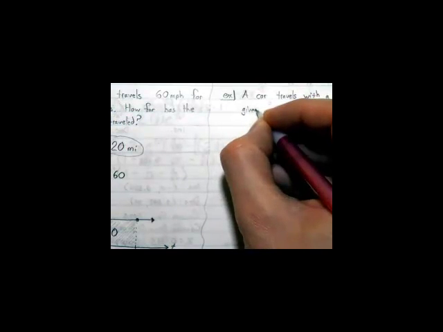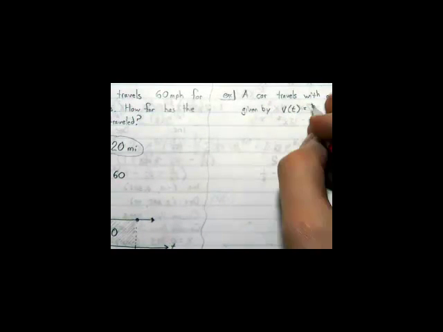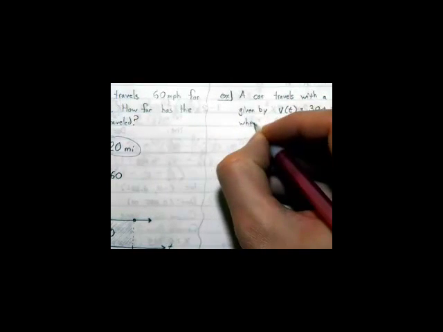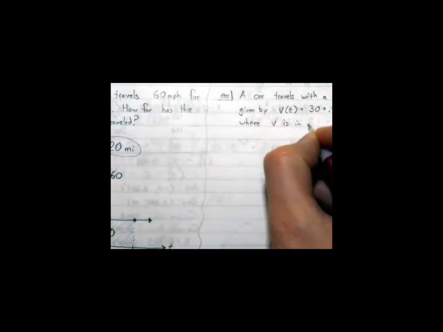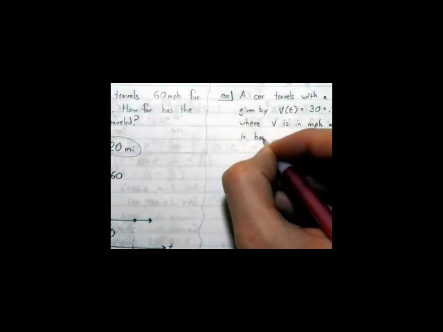I'm just going to give you the equation here. A car travels with a velocity given by v of t equals 30 plus 0.2t, where v is in miles per hour and t is in hours.